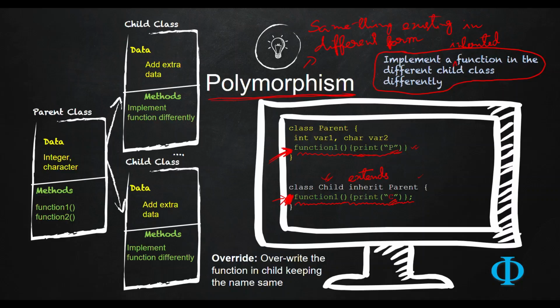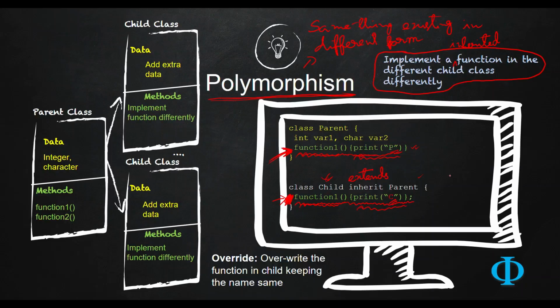So it has re-implemented the function. That's polymorphism. You can see the same function name, function 1 here and function 1 here, the same function existing in different forms. In one place it is printing P, in another place it is printing C.